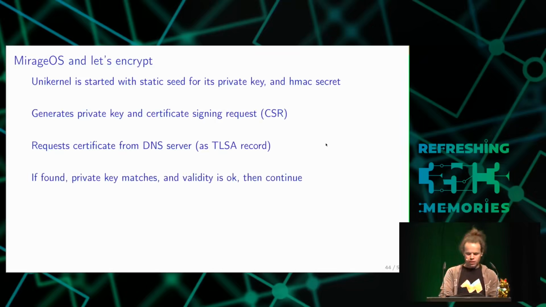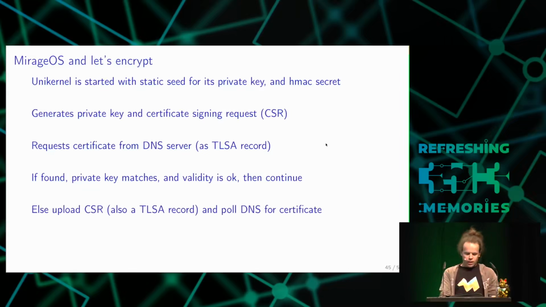And then if that certificate is found and the private key matches and the certificate is still valid, then we continue and can serve some web server or some mail server. If it is not found, then the certificate signing request is uploaded to the DNS server.